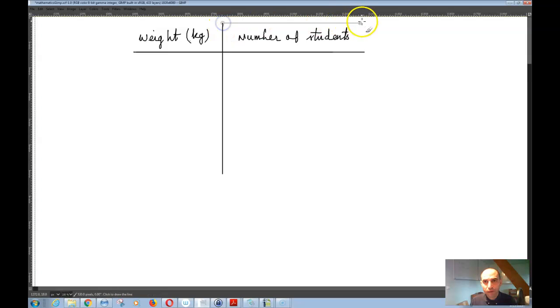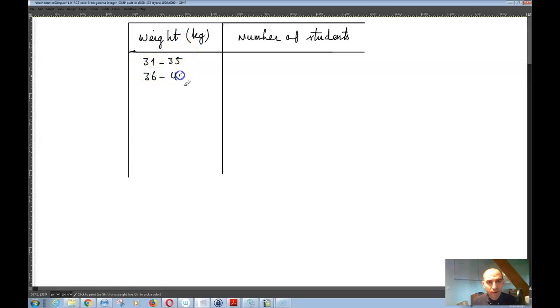And then over here I have these classes, which are 31 to 35, 36 to 40, and it's not continuous, 35, 36, it's not continuous. 41 to 45, and 46 to 50, and 51 to 55, and 56 to 60, and 61 to 65, and 66 to 70, and then you have 71 to 75.